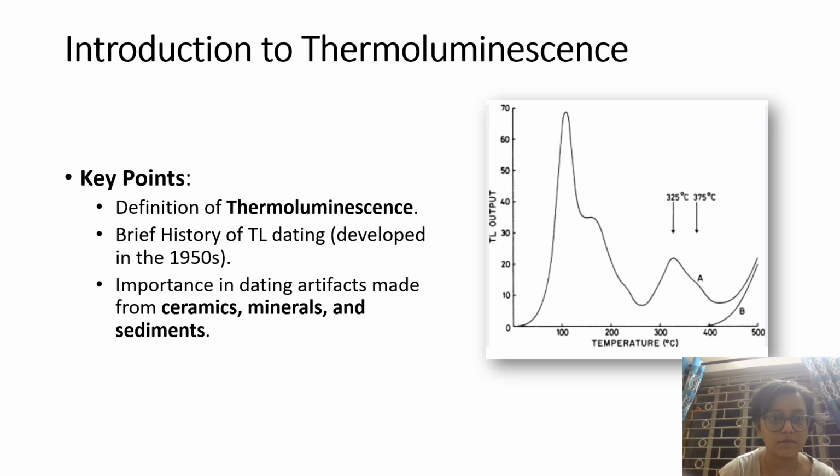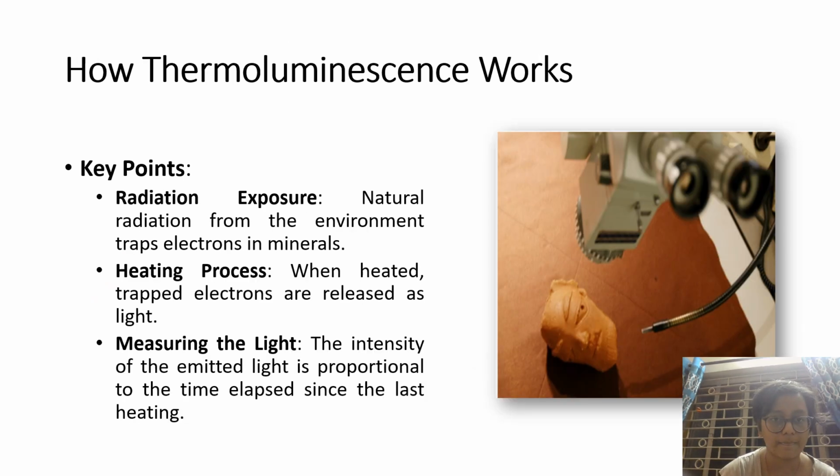If you look at this third point that I have mentioned, importance in dating artifacts made from ceramics, minerals and sediment, this often comes in the MCQ, so be aware of the things.